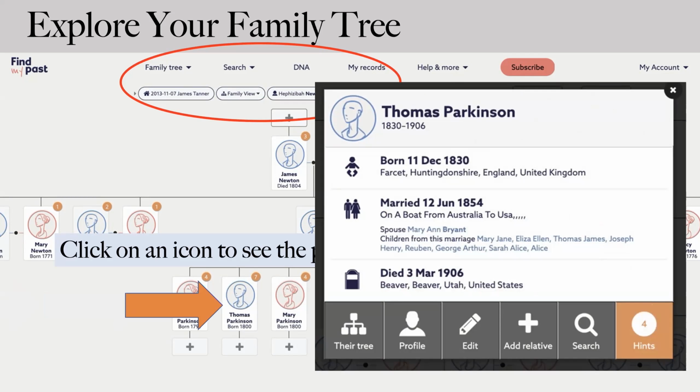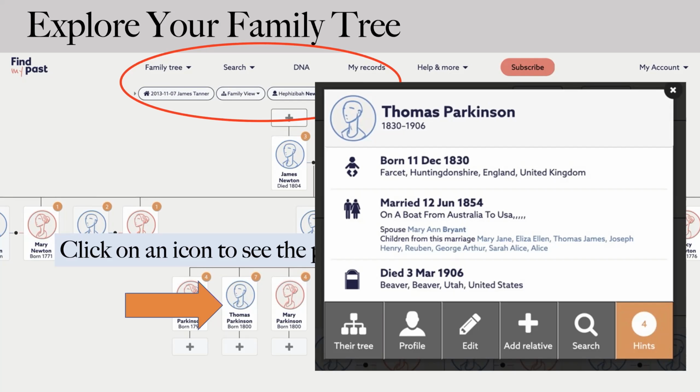If you click that, you'll put that person in the center of the tree. And then their profile, which is all of the information about that individual, to edit that and add relatives. And then you'll see here there are already 4 hints available for this person, meaning 4 additional records that have been found that may be helpful.